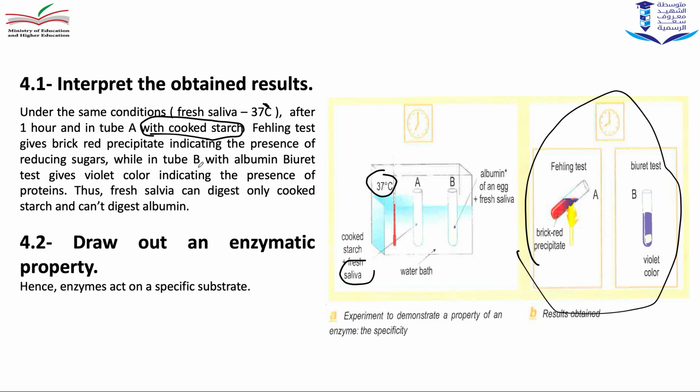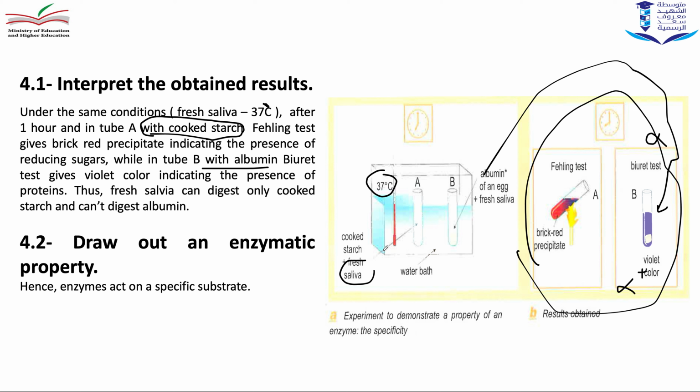While in tube B with albumin, biuret test عطاني violet color indicating the presence of proteins. فإذا إذا عطاني في proteins يعني ما في digestion. إنه أنا حطيت I added the albumin at the beginning and after 1 hour it stays proteins. فإذا كان في protein وبقي protein. So the digestion doesn't take place here. No digestion here.